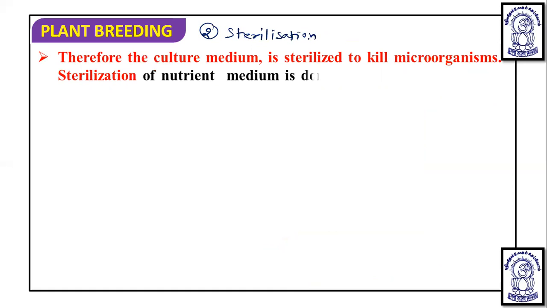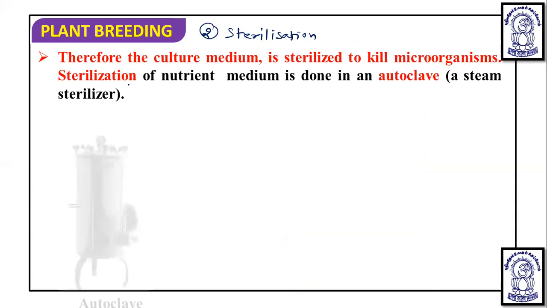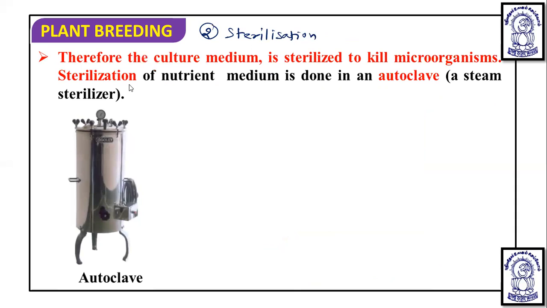Therefore the culture medium is sterilized to kill microorganisms, and sterilization of the nutrient medium is done in an autoclave, a steam sterilizer. So this is the autoclave machine. This is the opening part. We open this, and we put test tubes, conical flasks and culture medium, all these things in this, and we heat it.